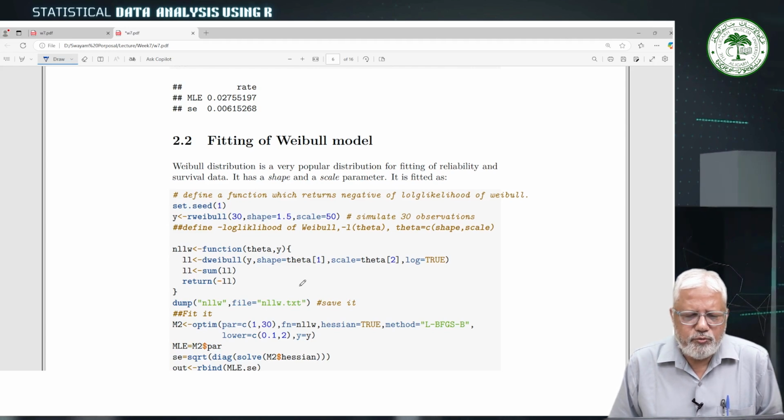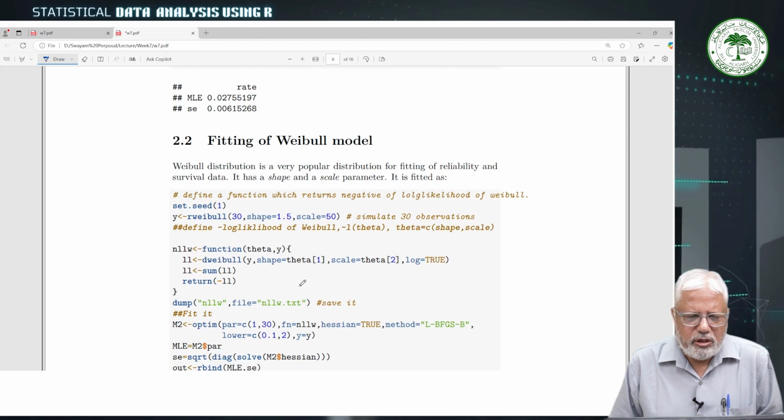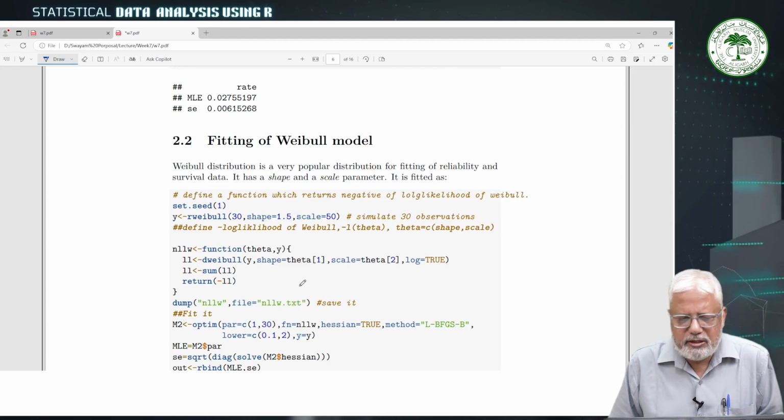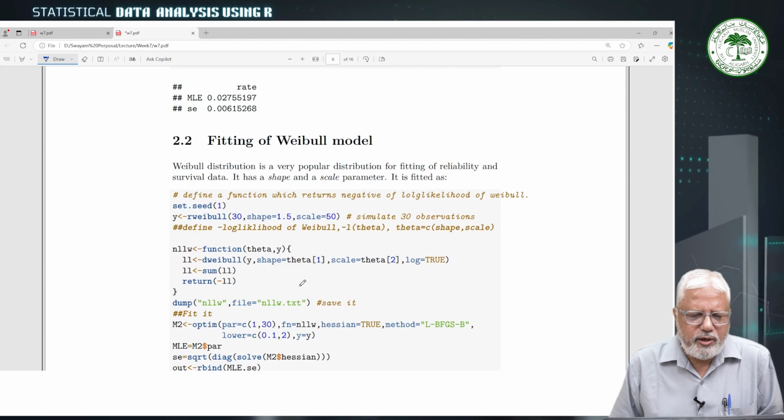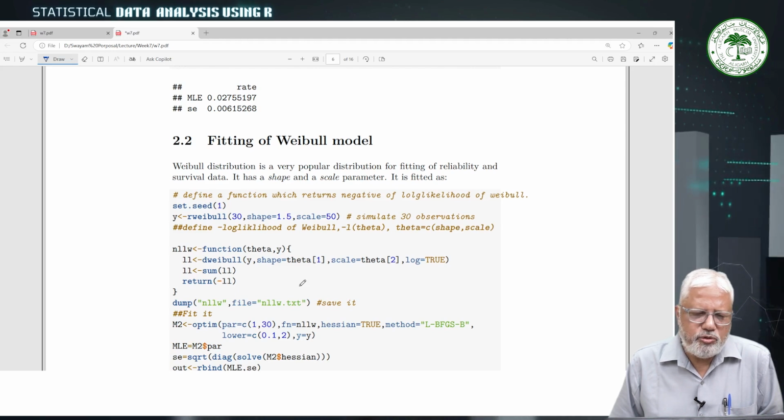To fit those models, if we don't know which model should fit, there is a default choice, and that choice is the Weibull distribution.